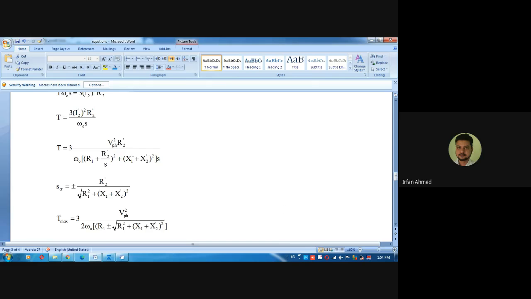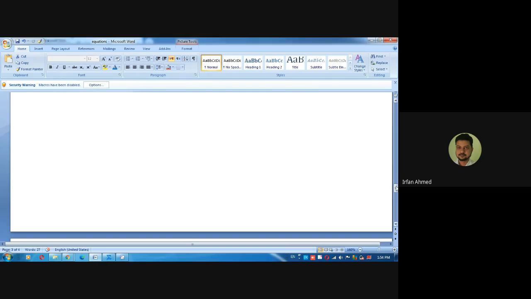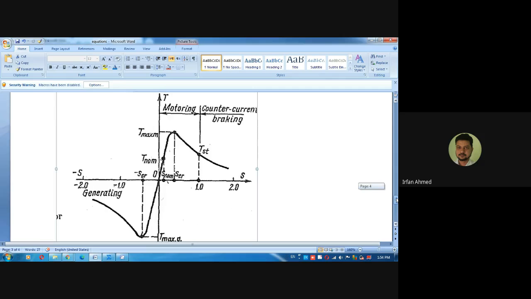Now from this equation, we can draw the typical induction motor torque speed characteristics. You have seen these characteristics before. You have drawn them also.